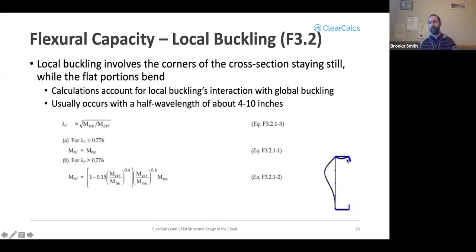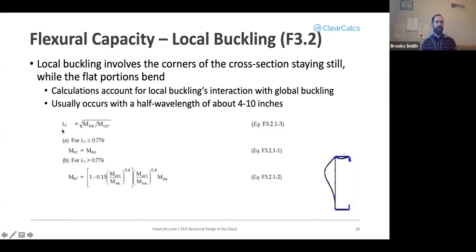So essentially the corners of your C-section, as an example in the lower right here, will stay in the same place, but the web or the flange will bend a bit. That's local buckling. The calculations in AISI S100 are technically considering the interaction of local buckling with global buckling as well. Usually local buckling occurs with a half wavelength of 4 to 10 inches.